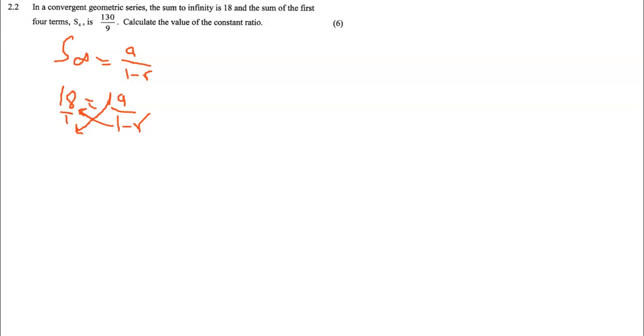So it will be a times 1, which gives us a, because any number times 1 is equal to that number. On the other side we're going to have 18 times, in brackets, 1 minus r.